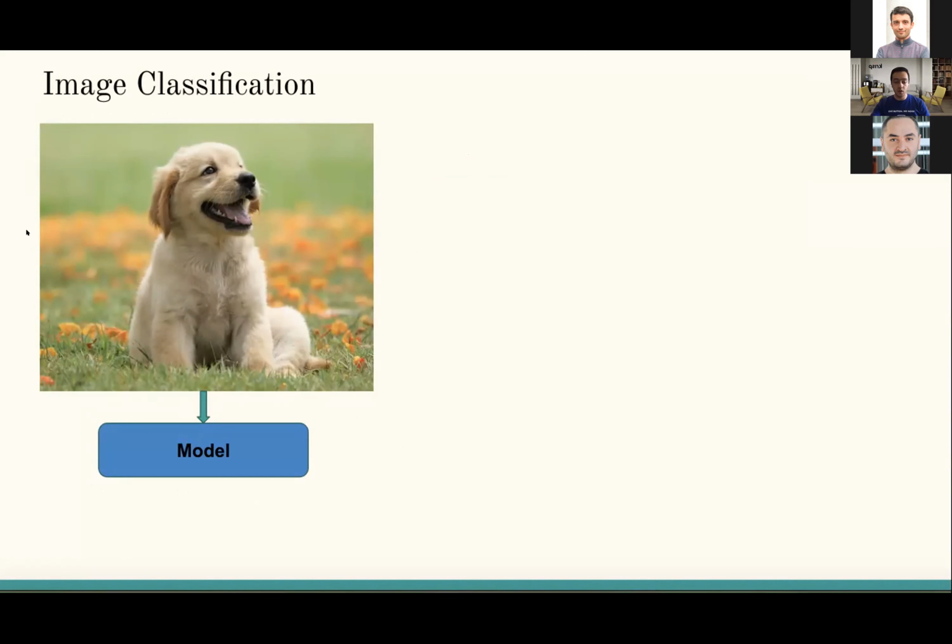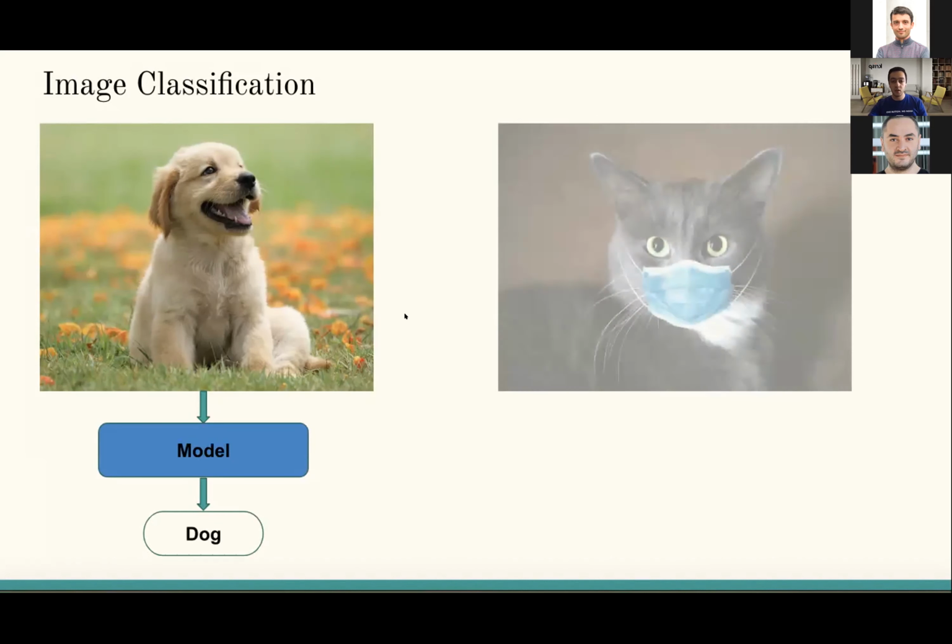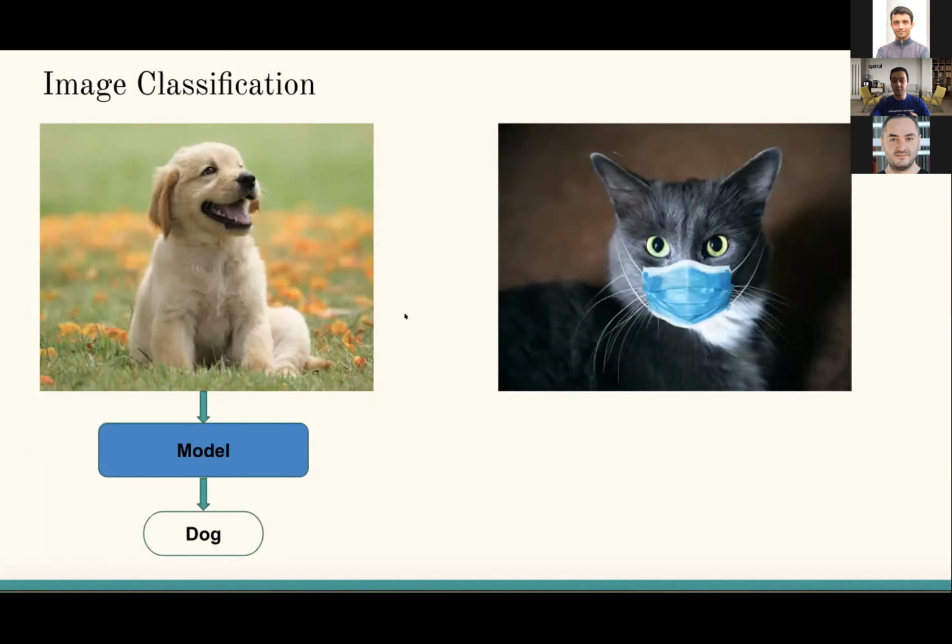Your model's output should be, for this example, dog, as it categorized your image into the dog class. And when it's an image of a cat, your model should predict cat. So it's one of the most basic, the most popular tasks to solve in computer vision.